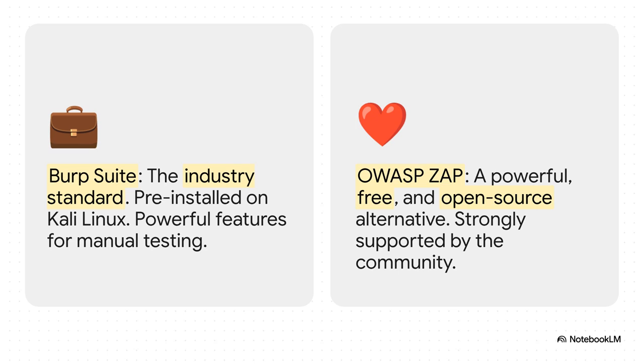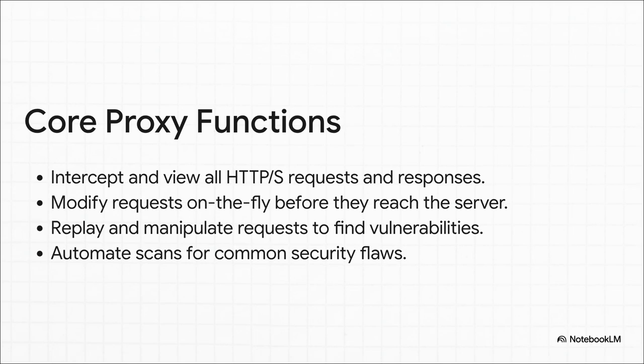Honestly, you can't go wrong with either one. So what this all means is that these proxies give you, well, almost godlike control over web traffic. You can pause a request in midair, change any little part of it, and then see how the server reacts. You can replay that same request hundreds of times with tiny little changes. This manual, hands-on approach is how you find those really subtle flaws that automated scanners will always miss.